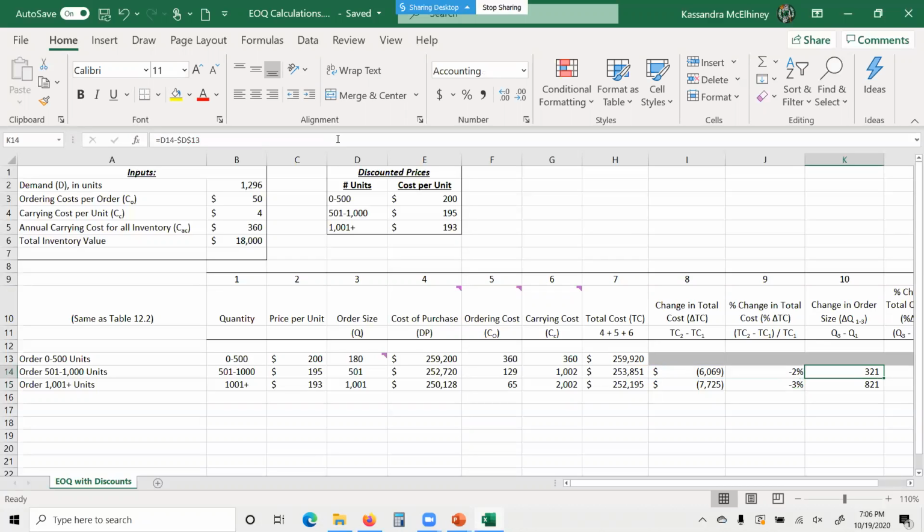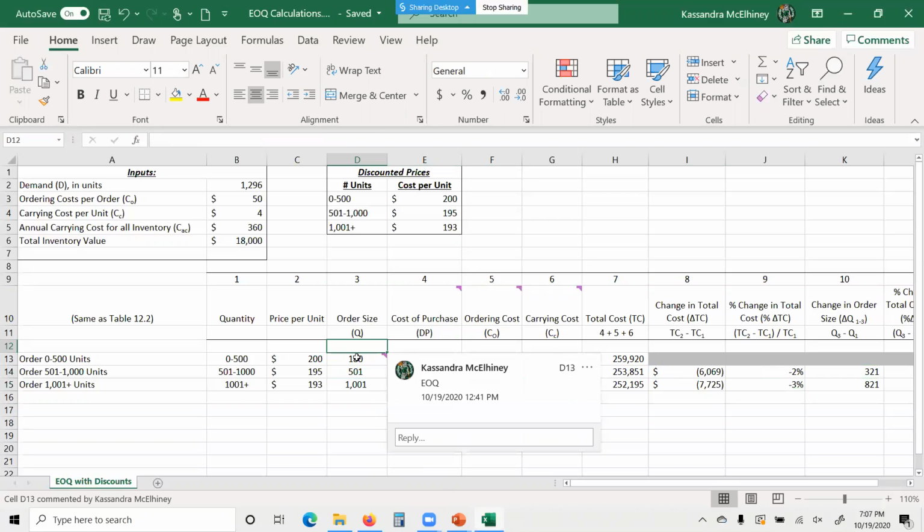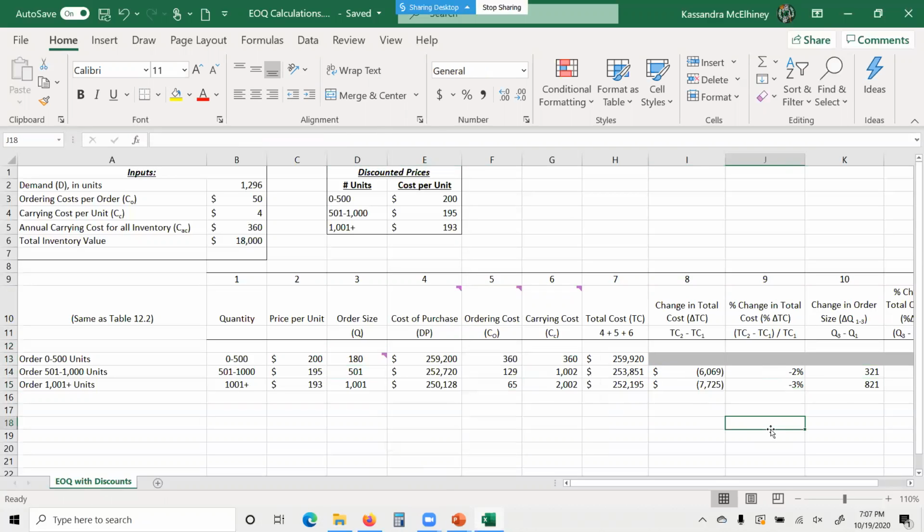So change in order size isn't too bad of a calculation. It's just order size under the new scenario versus order size under economic order quantity.